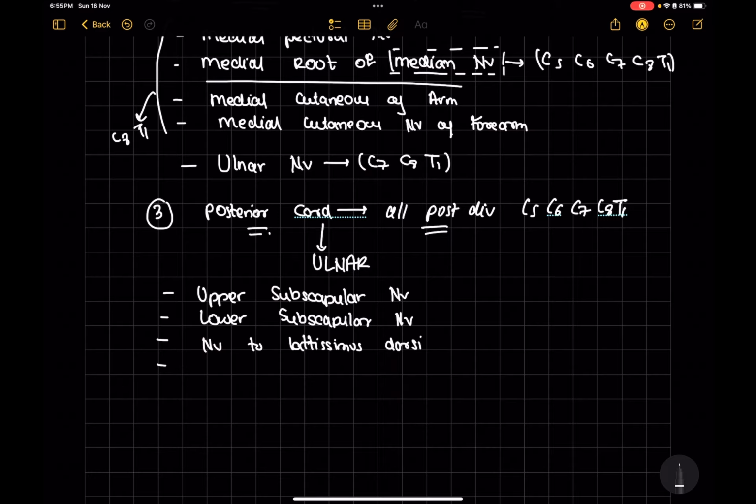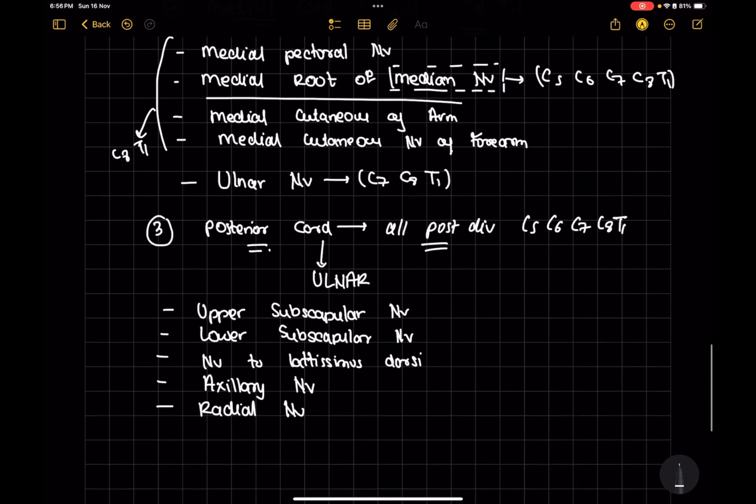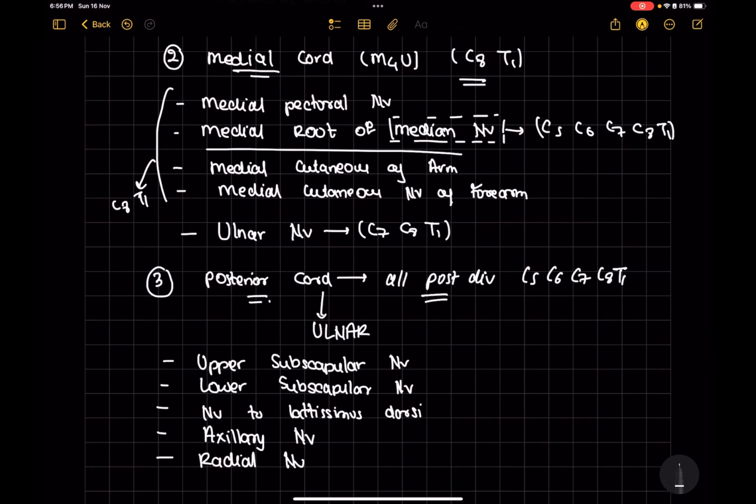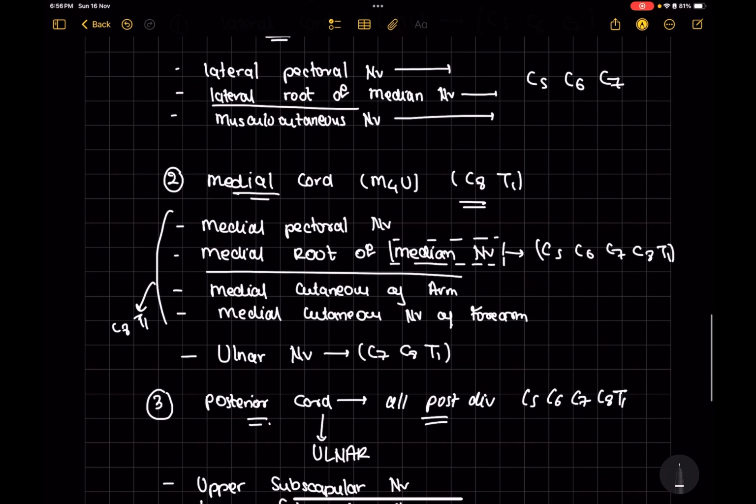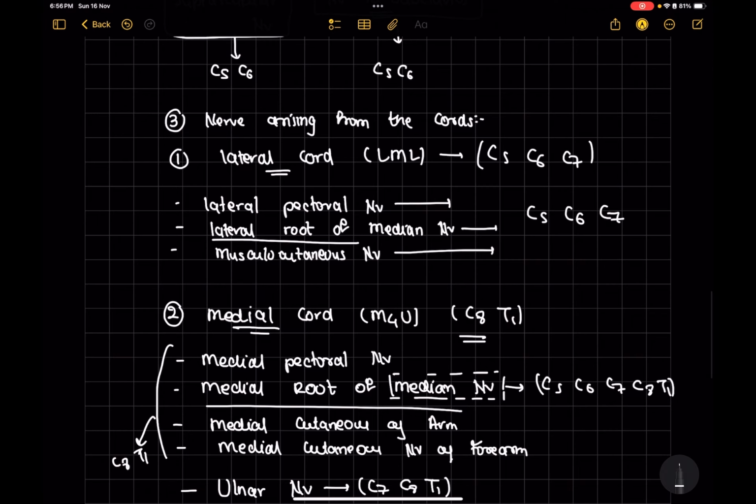Then A is for axillary nerve, and last it is radial nerve for R. Now remember this, the root values of these nerves are not as simple as C8 T1. Yes, these nerves arising from the lateral cord would be C5 C6 C7.